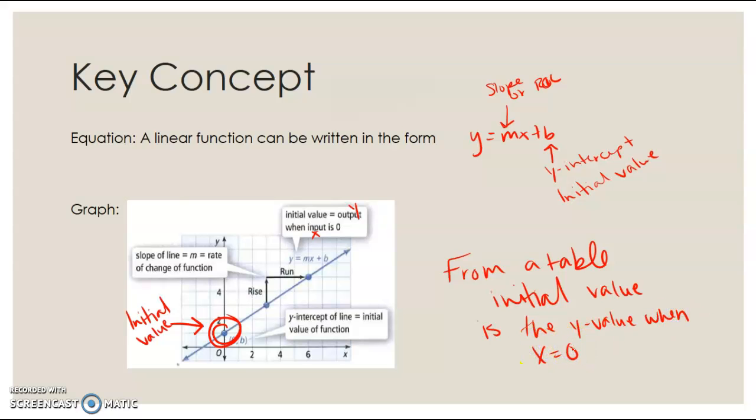So again, we talked about how we knew our y-intercept if we're looking at a table because x equals 0. It's the same thing for our initial value. When we're looking at a table where x equals 0, the y value is our initial value.